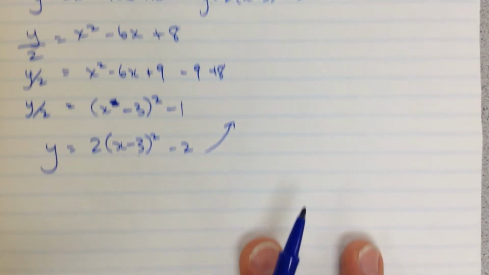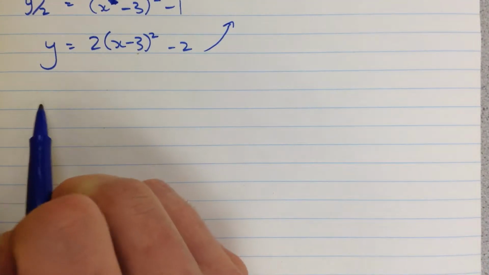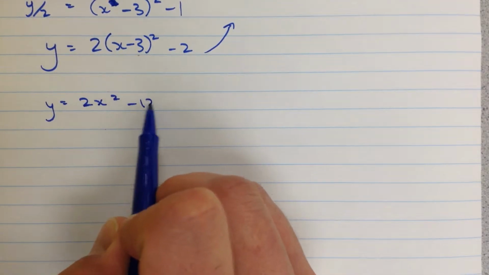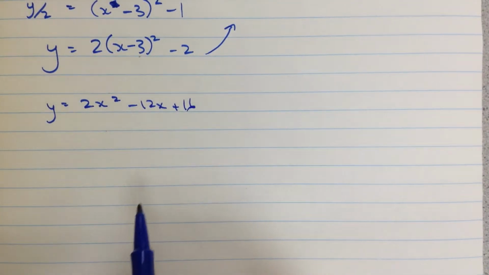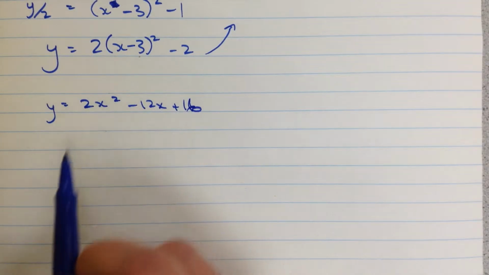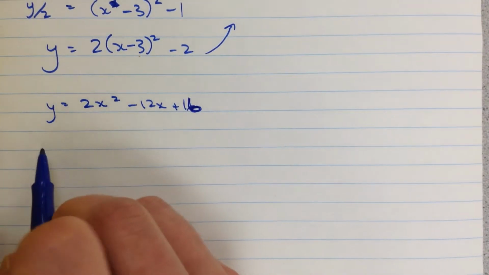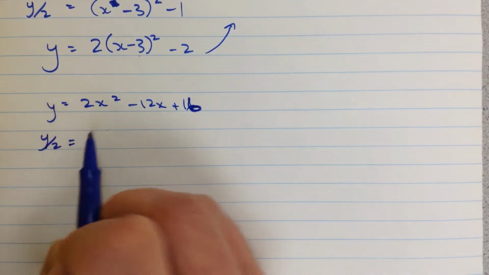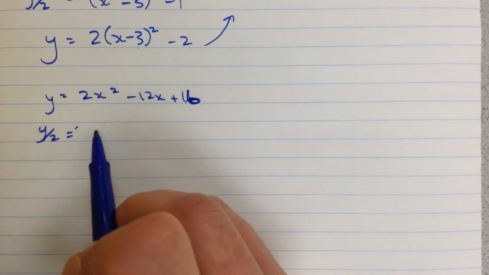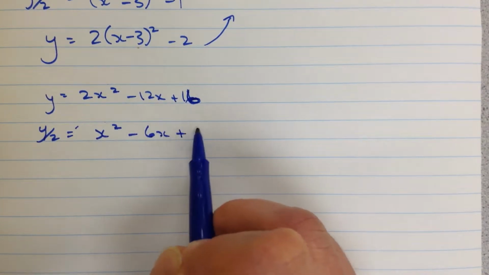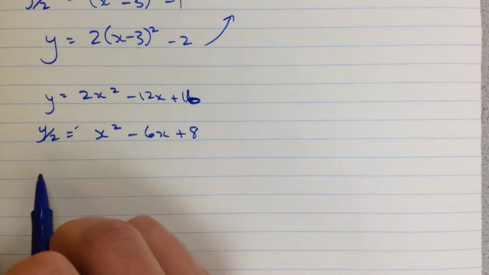Okay, let's go to the factored form, starting with the same trinomial, except that once again I've got that 2 there that I can factor out of each term. So again I'm going to go y over 2 equals, and that leaves me on this side with x squared minus 6x plus 8, and that's pretty easily factorable.